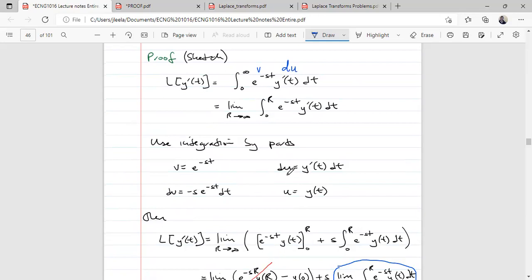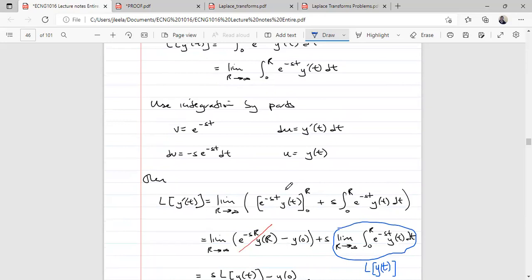And if you integrate a derivative, you'll get back the original function, so u is y(t). And remember, when you're integrating by parts, you're taking the limit as r approaches infinity. This is basically uv, so that is e to the minus st times y(t) between the upper and lower limits, which are r and 0 respectively. And then you're minus the integral.